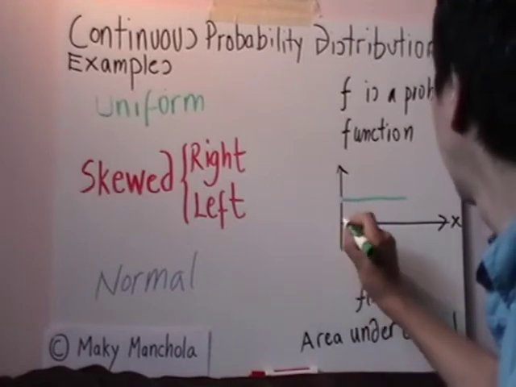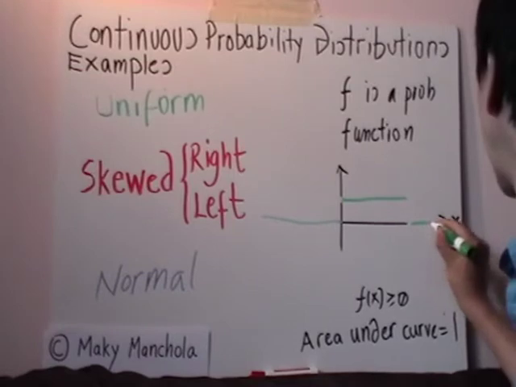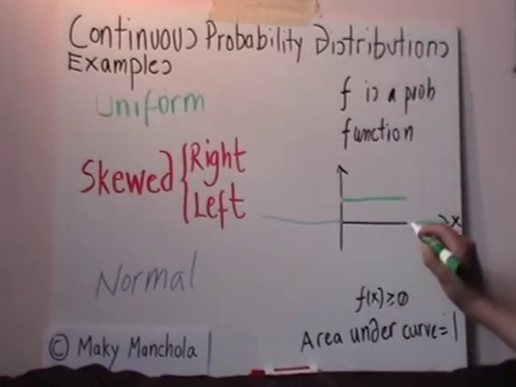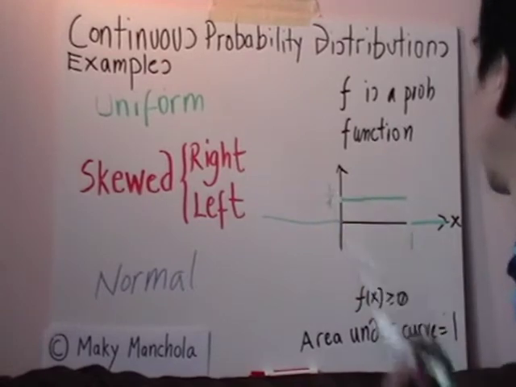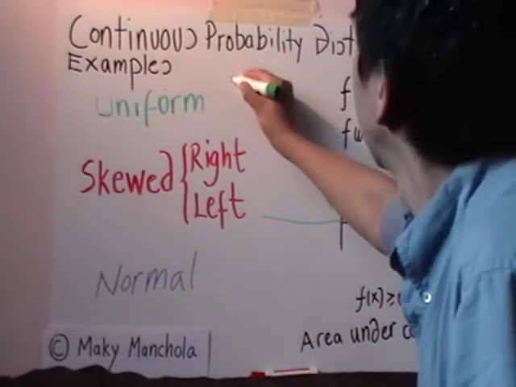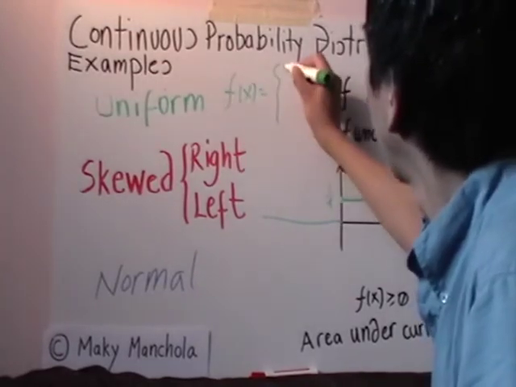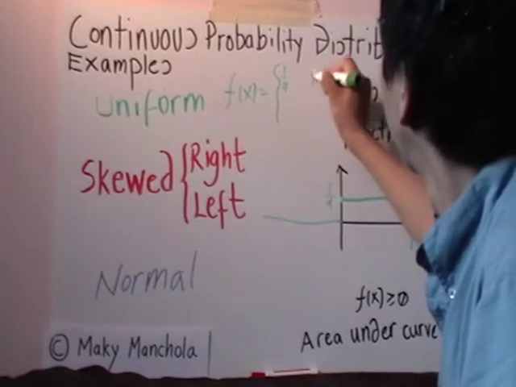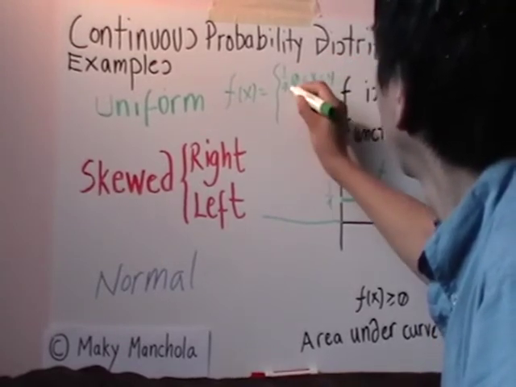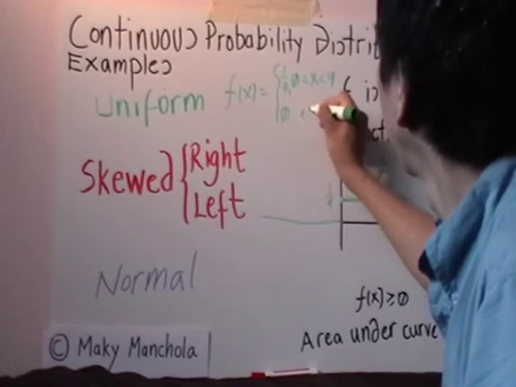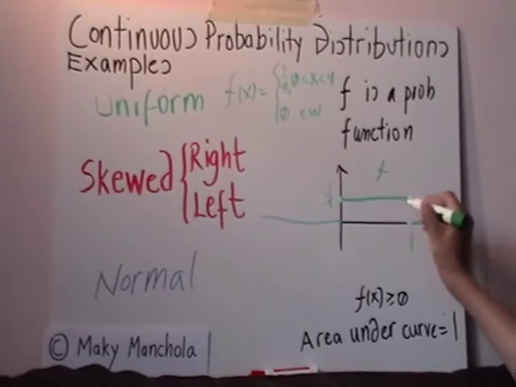So to the left of the vertical axis, I'm going to make it 0, and to the right here, I'm going to make it 0. Now let's say this is a 4 and f of x is 1/4. So in this case, your function is f of x equals 1/4 for x between 0 and 4, 0 elsewhere. That right there is a uniform probability distribution.